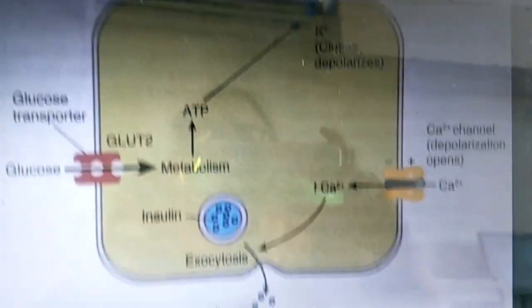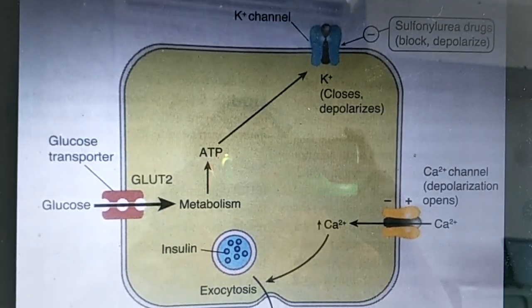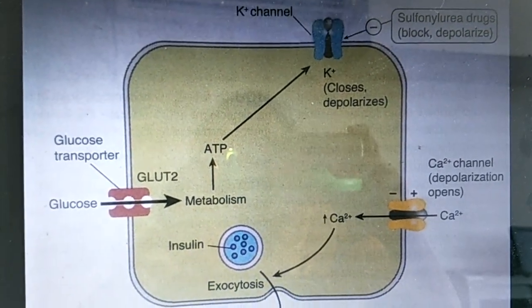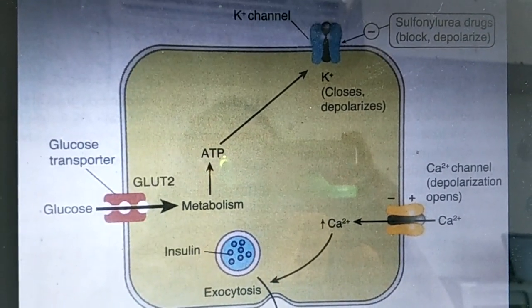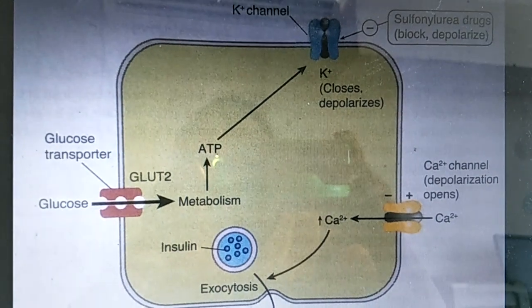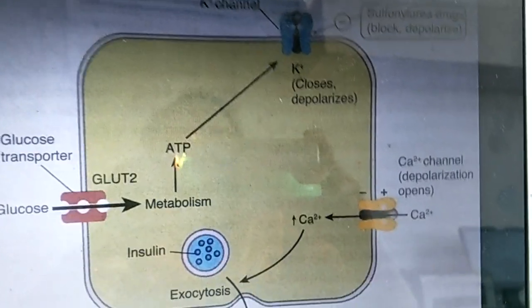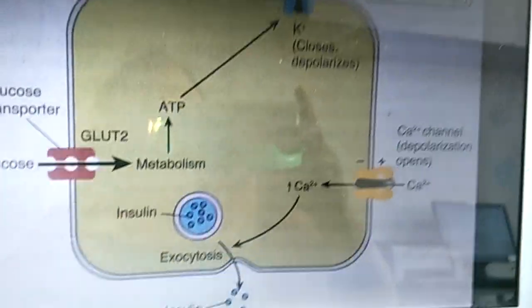Now try to understand this diagram, which explains the role of glucose, indirectly food, because carbohydrates get converted into glucose, and it briefly hints at the mechanism of action of sulfonylureas also.